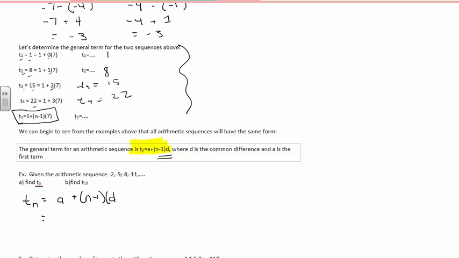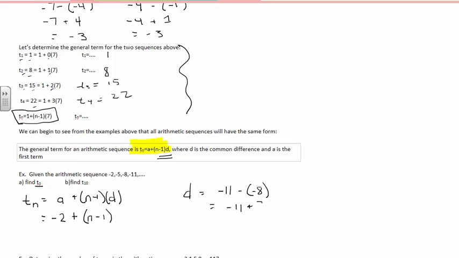So my first term in this pattern, negative 2, negative 5, negative 8, first term is negative 2. Now we're just doing this in general. We're not filling in for n. And our common difference is negative 11, subtract the number in front of it.